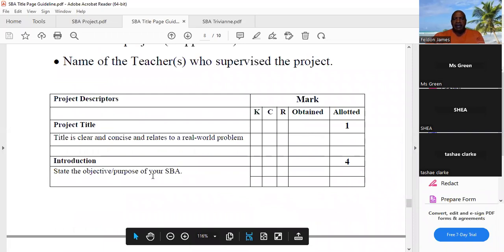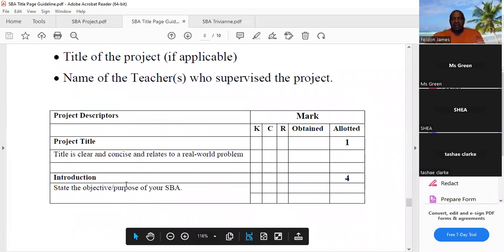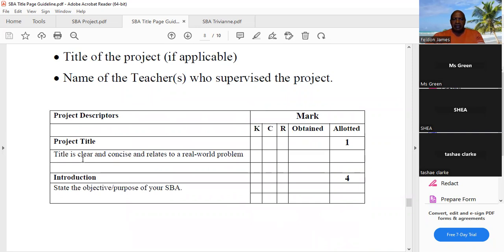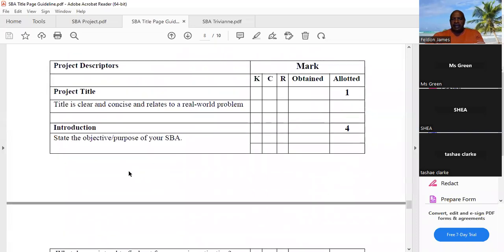All right, this is how the marks are allocated based on the various sections. For the project title, if you give a clear and concise related project title, the allocation of the mark here is 1. So you get 1 mark for your project title.